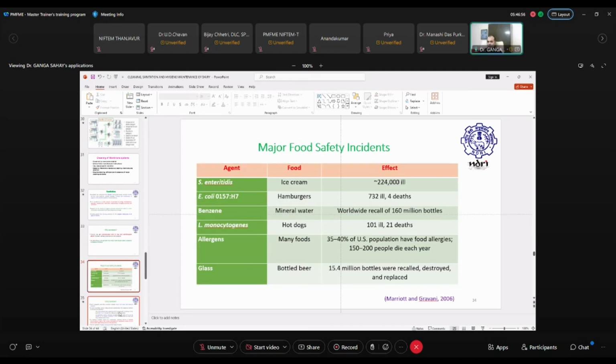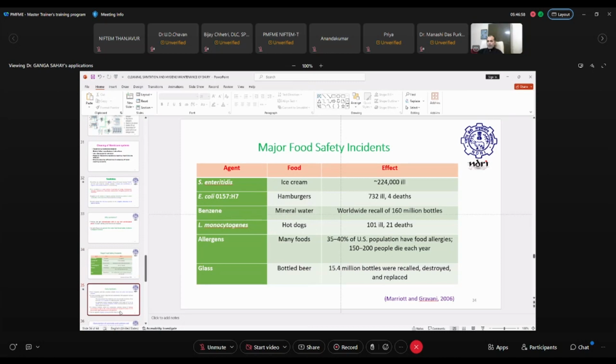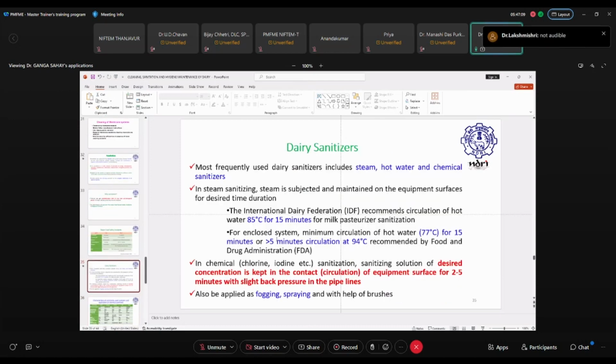these incidents. So both steam, hot water, and chemical sanitizers, and then steam sanitizer on the equipment surface for the desired time duration.